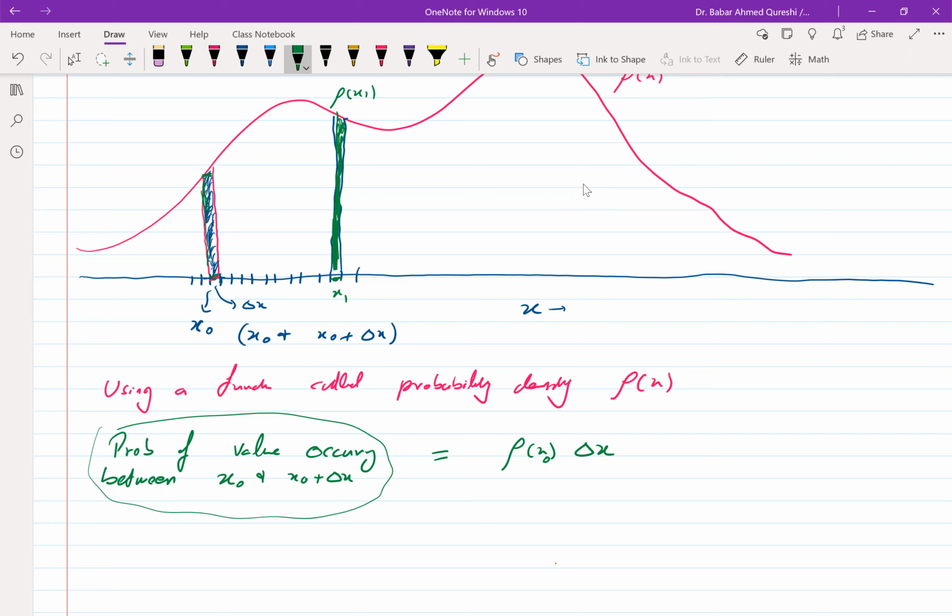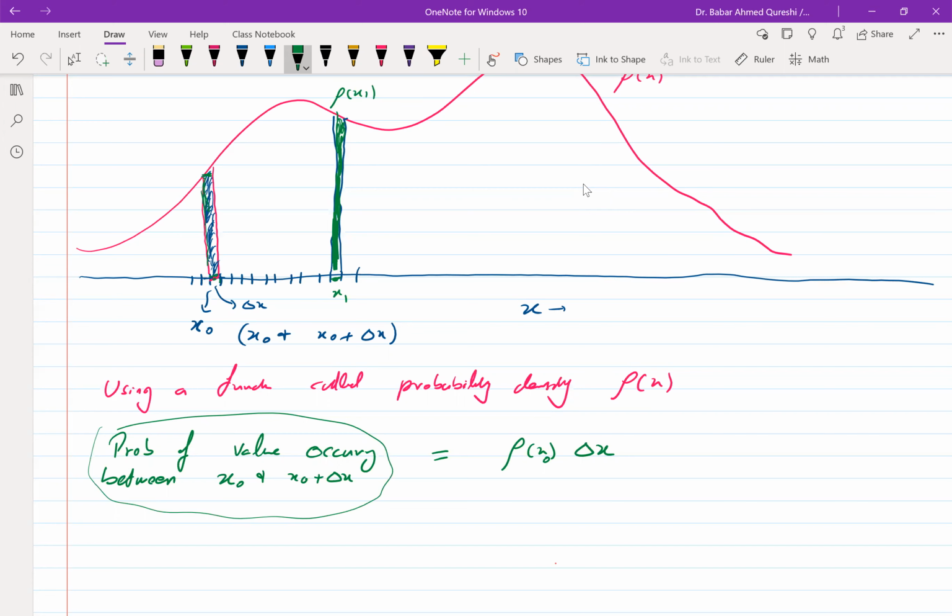You say that within this range delta x. Let's say x naught is 3, and you are asking what is the probability of my value being between 3 and 3.1. Any number between them will be acceptable to you, and you are counting that probability. So any other question?